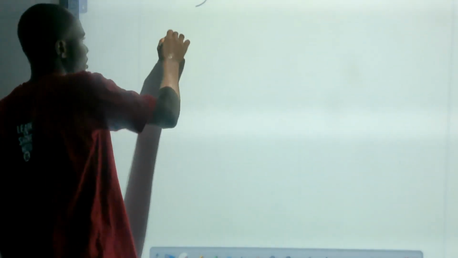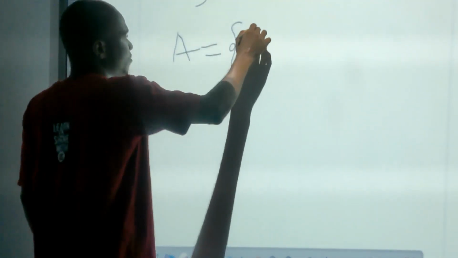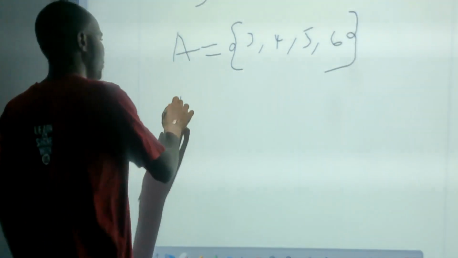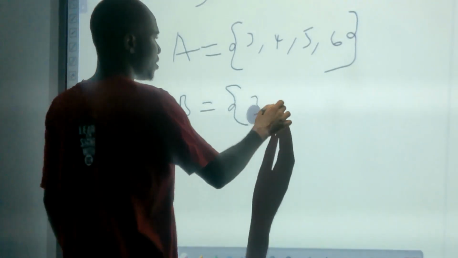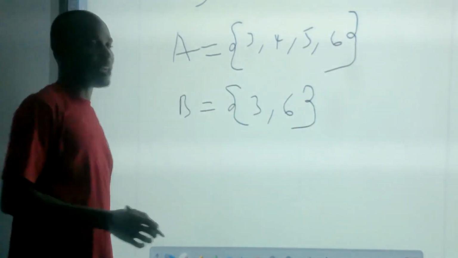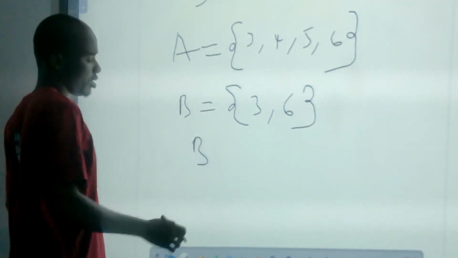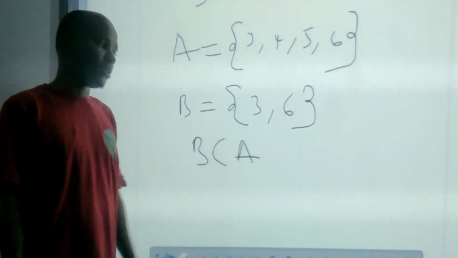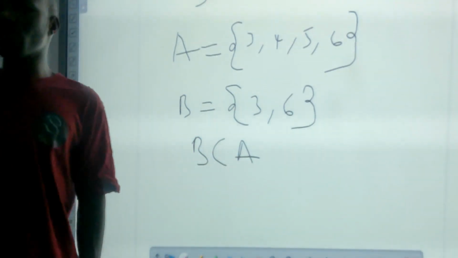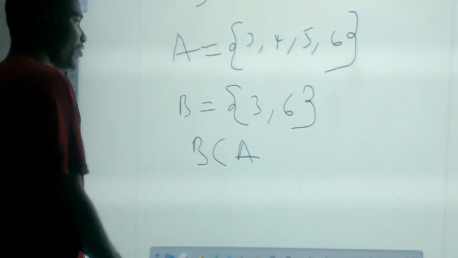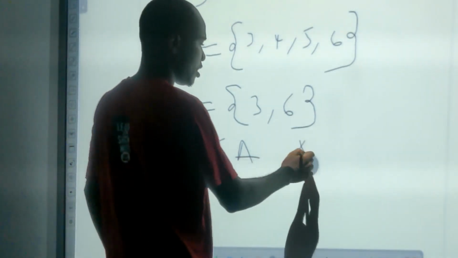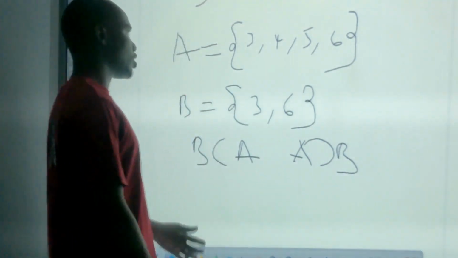For instance, if I have A with 3, 4, 5, 6, and in B I have 3 and 6, we can say that B is a subset of A, and B in one way or the other depends on A. Or we can say A is the superset of B. Why?